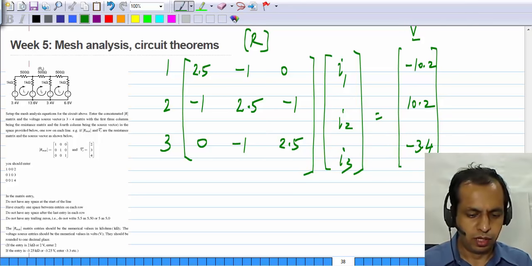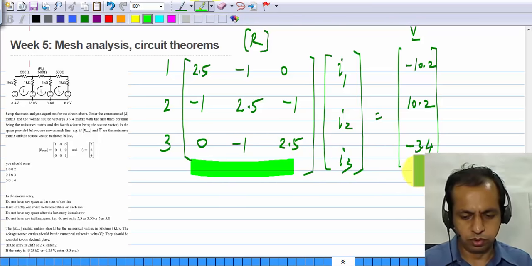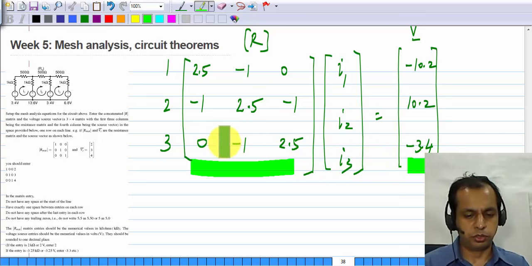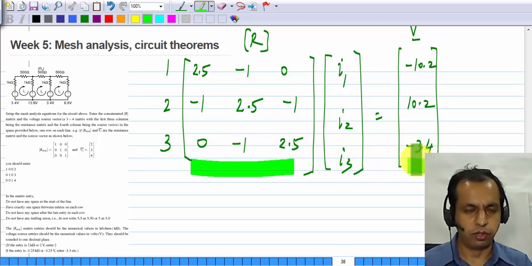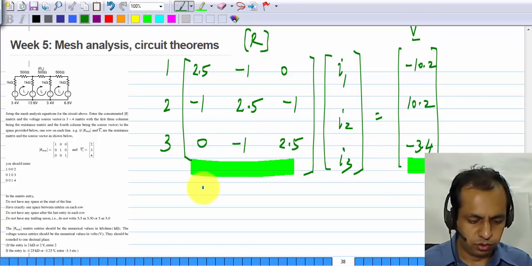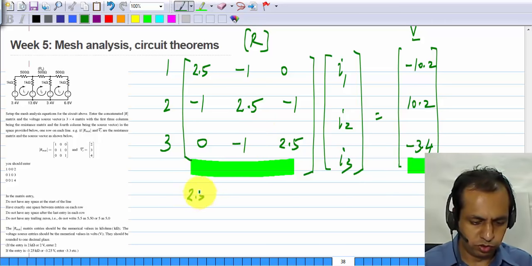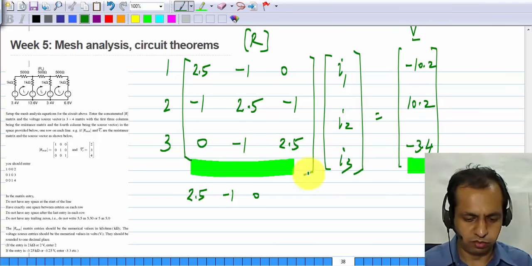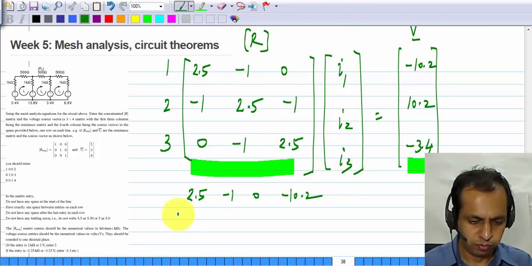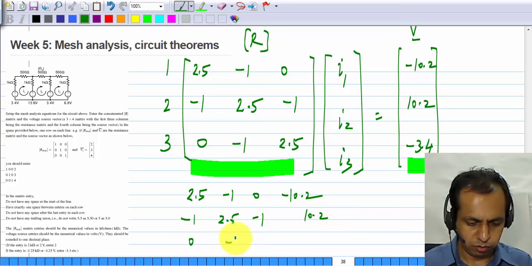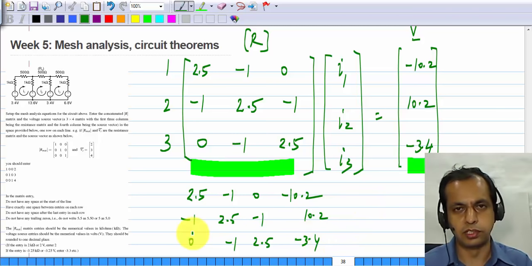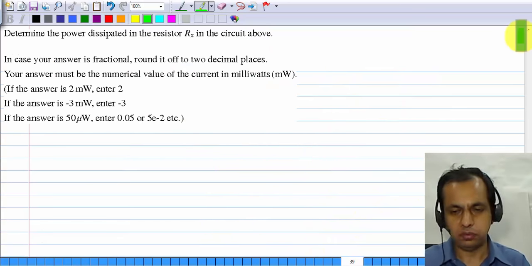In the answer you are asked to concatenate these two, and this is better than showing only this or that, because then we have the whole equation. So you basically have to write 2.5 minus 1 0 and minus 10.2, minus 1 2.5 minus 1 and 10.2, and 0 minus 1 2.5 and minus 3.4. So that's the answer that has to be entered.